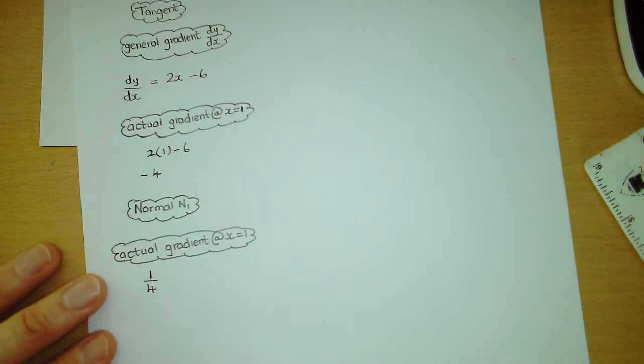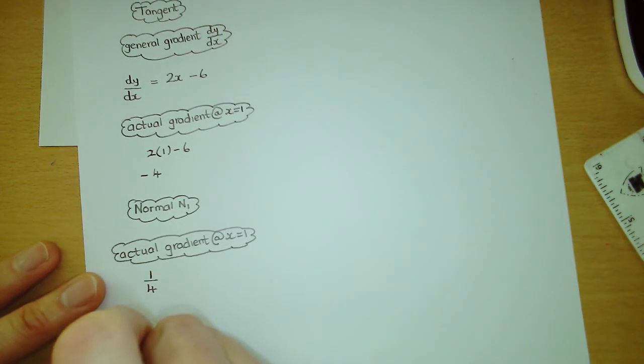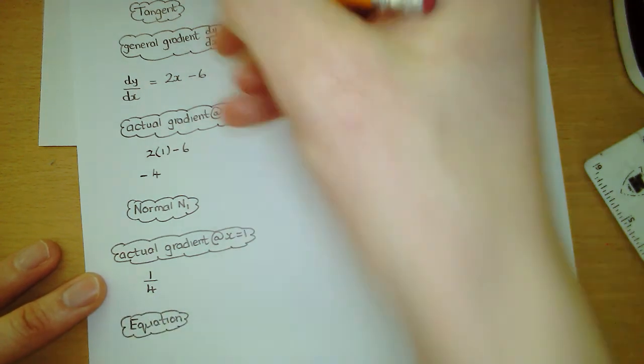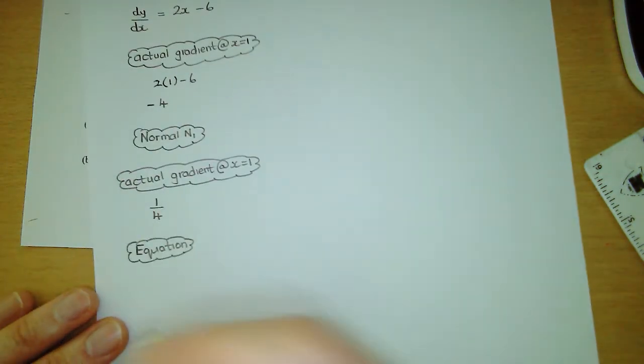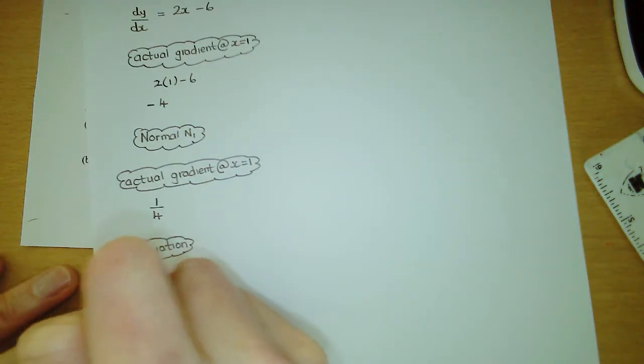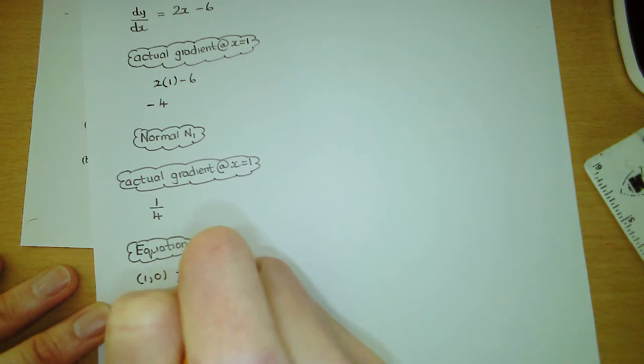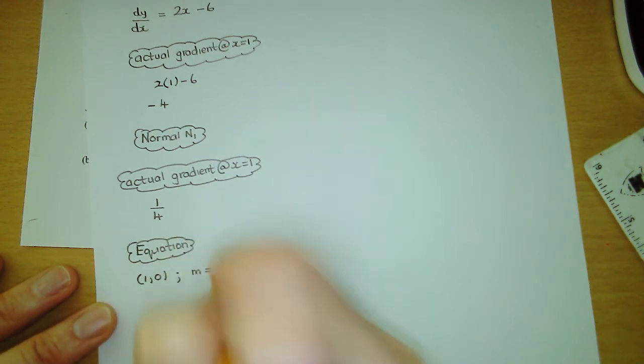So now we can get the equation for N1. The reason we can get its equation is because we know the point that it goes through. The point that it goes through is (1, 0), and we know its gradient. So it goes through (1, 0), and gradient is equal to a quarter.